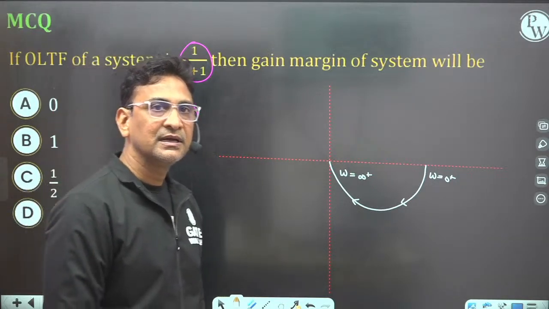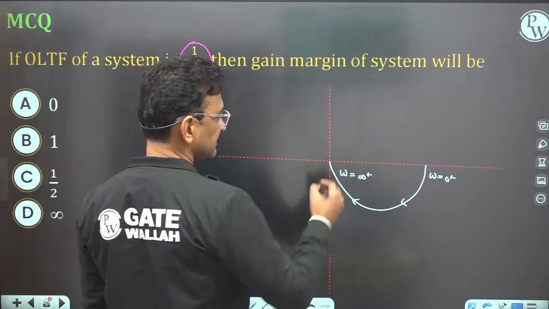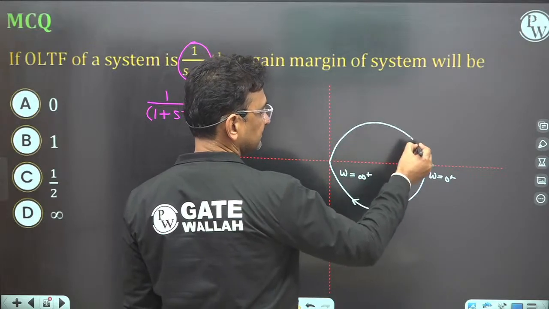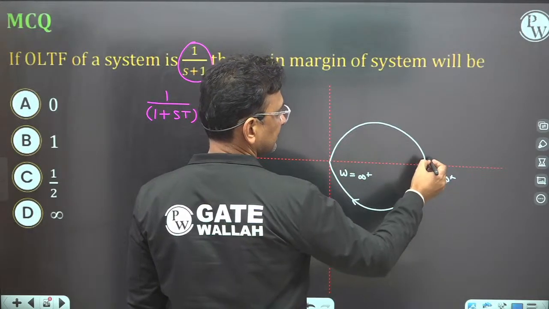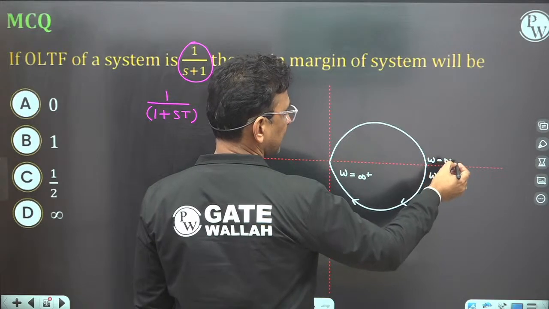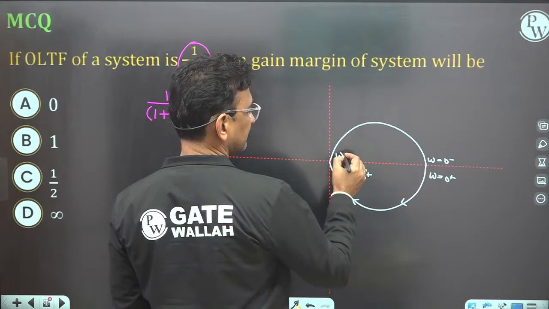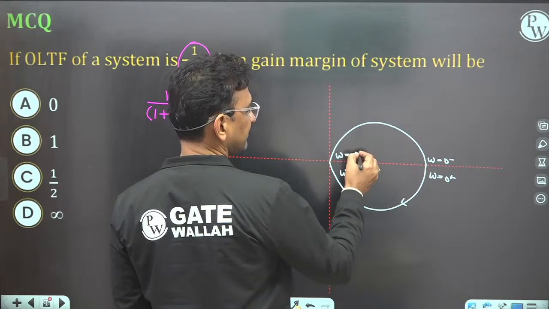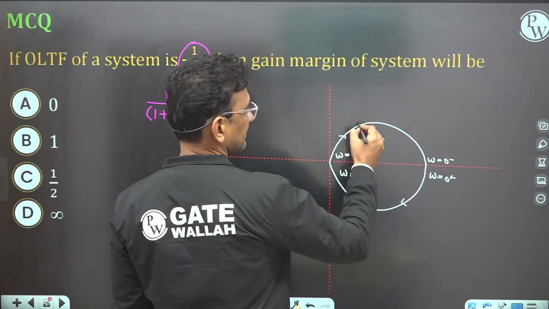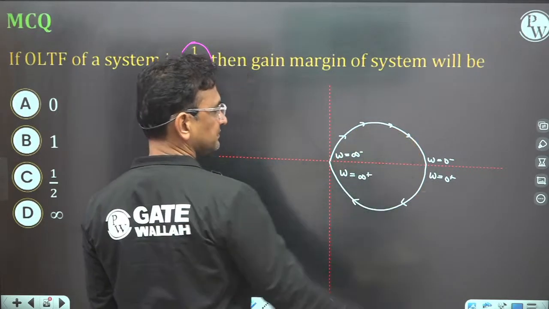Clear? If I draw the mirror image of this, it becomes 0 minus, and the mirror point of this point will be infinite minus. So this is the Nyquist plot.